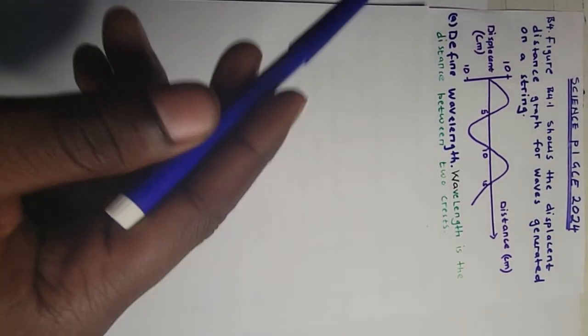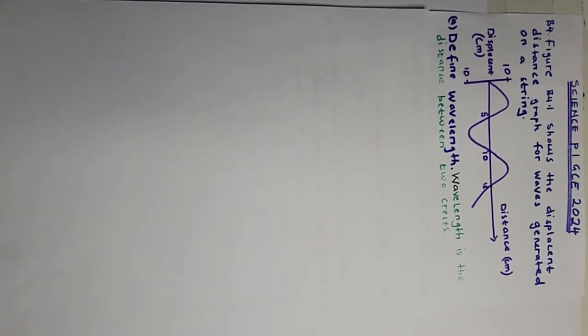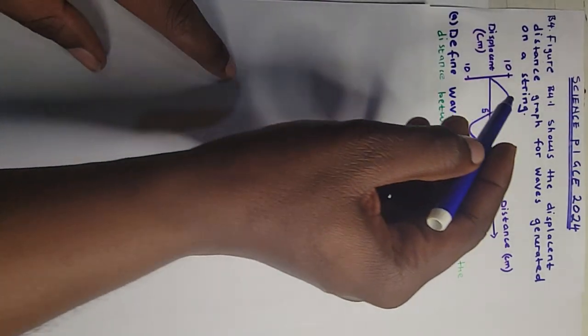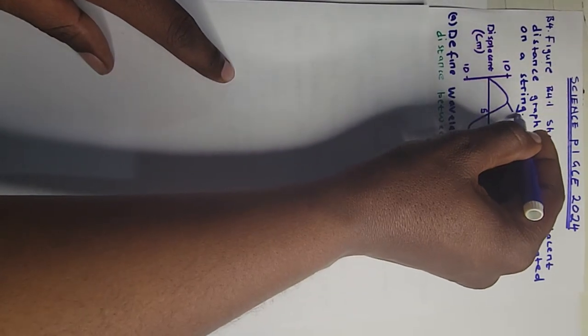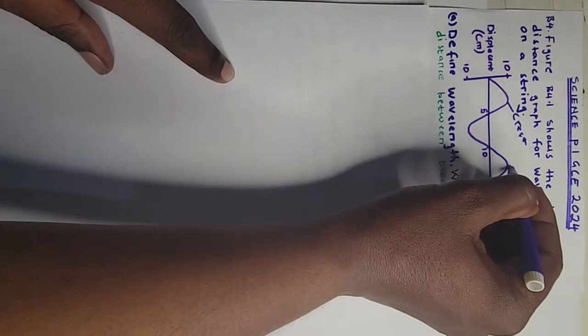Okay, so the first thing they want us to do is to define a wavelength. So what is a wavelength? A wavelength is just the distance between two crests. Here we have a crest, and this is also a crest.